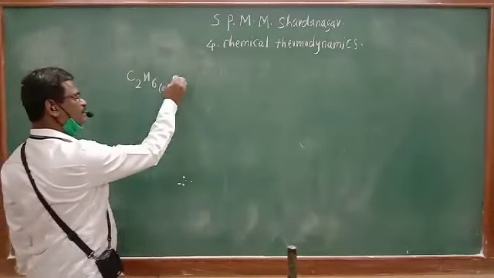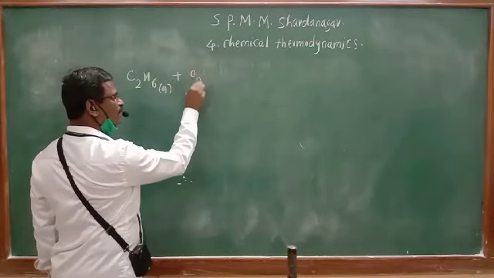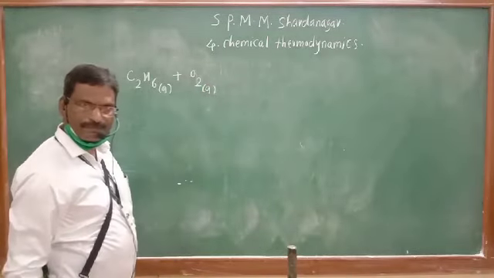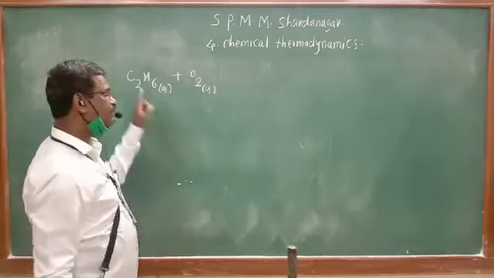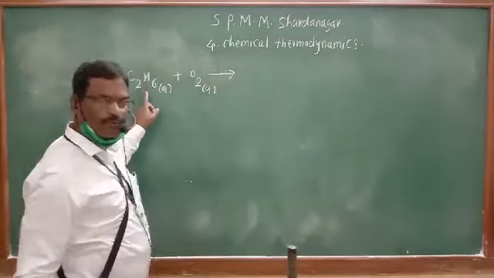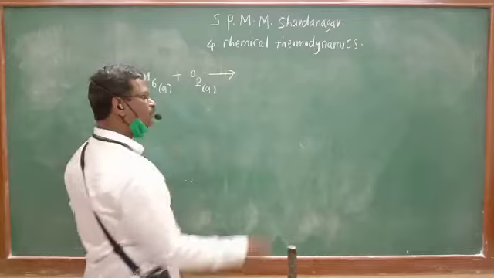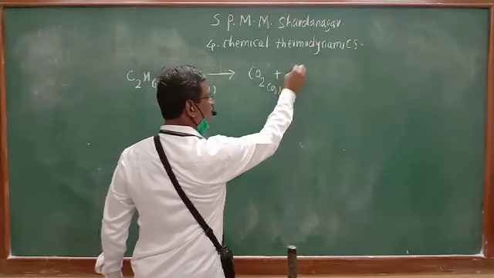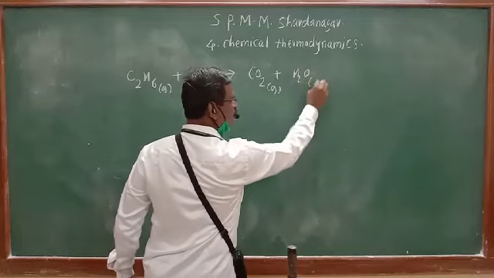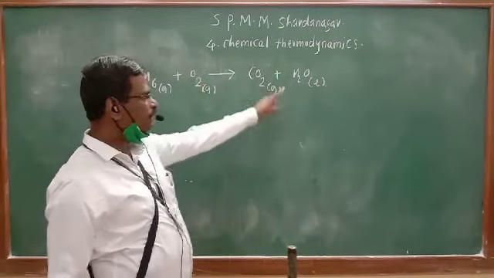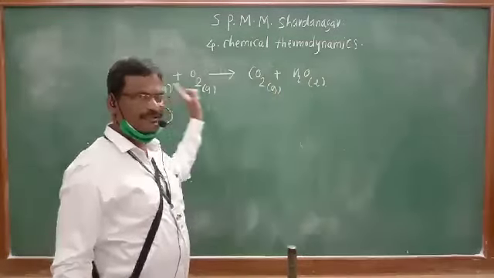For combustion, we know it requires oxygen gas. Oxygen supports the process of combustion, and whenever the substance undergoes burning, it produces carbon dioxide gas and H2O steam, that is usually liquid. This is the general reaction.